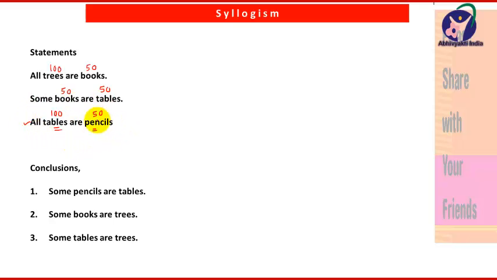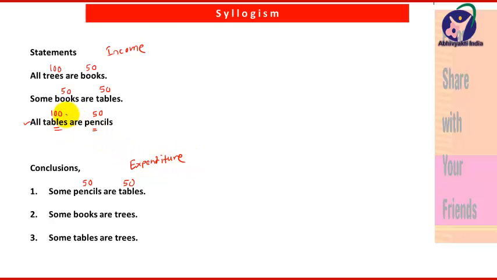There is no need to connect the 2 or 3 statements. So here some pencils are tables. The sentence is beginning with some. So pencils will have 50 number and tables will have 50 numbers. These we take as income and these numbers we take as expenditure.